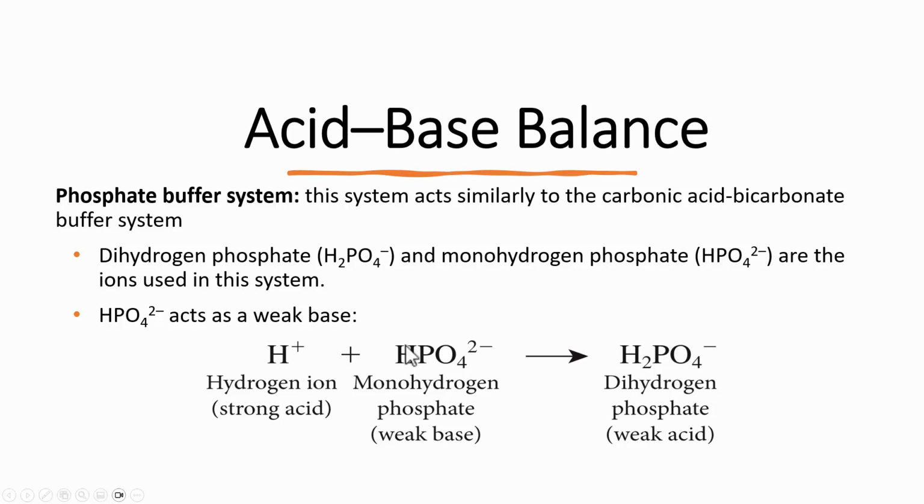We have the monohydrogen phosphate, which is a weak base, and that's going to yield dihydrogen phosphate, which is a weak acid. Okay, so now this is going to correct when the system is too basic. We're going to try to, again, lower the acidity and bring it back toward neutral.